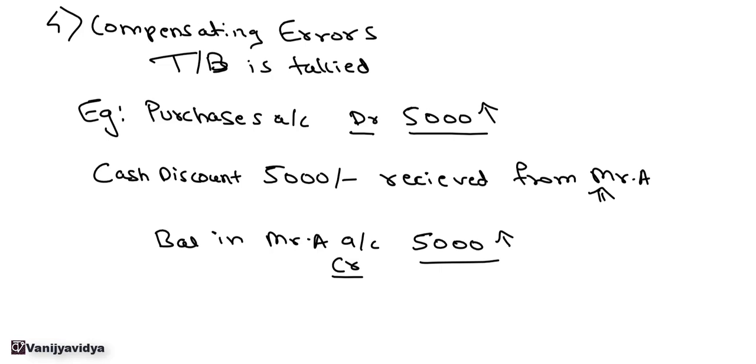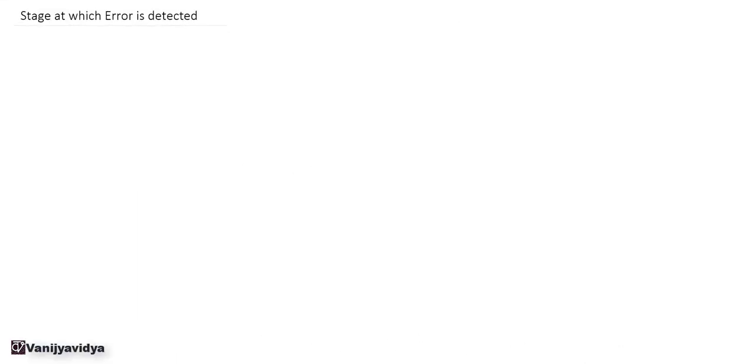So this was about the four categories of the errors. As per their nature, first is errors of principle, errors of omission, errors of commission, and fourth is compensating errors. Now, stage at which the error is detected.